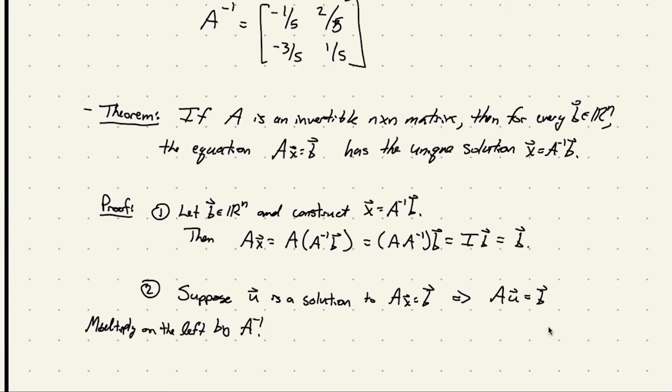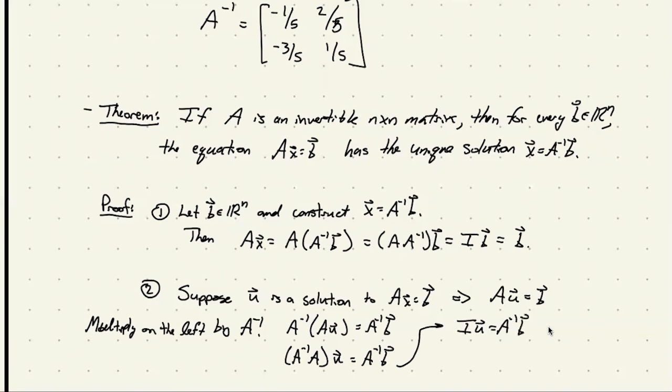So that turns us into A inverse times the vector Au is equal to A inverse times the vector B. Well, on the left-hand side, I can reassociate this. This is A inverse A times the vector u. A inverse A is indeed just the identity. So I have the identity times u is equal to A inverse B, which means that u is equal to A inverse B.